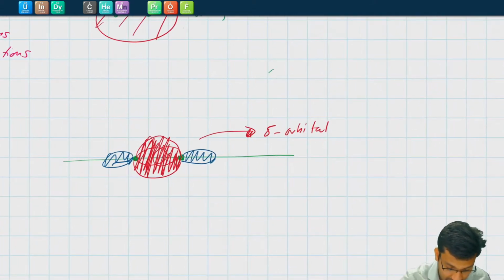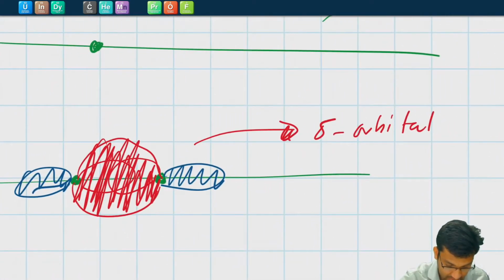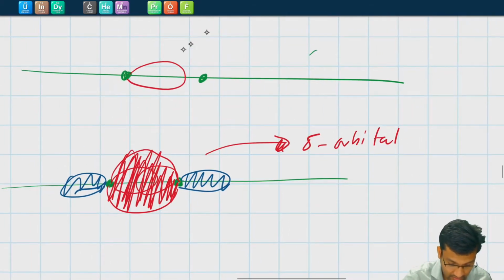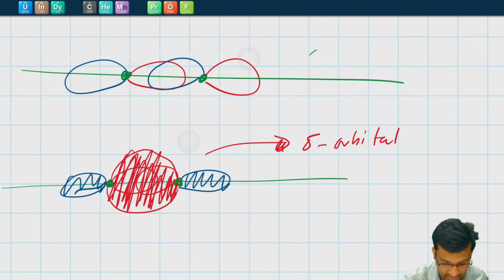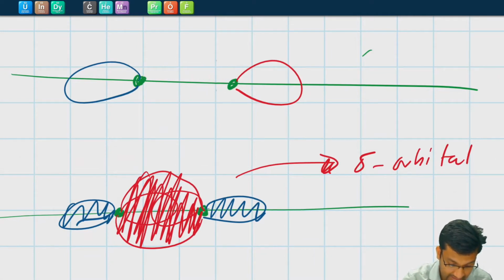But let's look at the other case, the opposite case, if you will. We have a nucleus here, a nucleus here. For one of the atoms, we have the positive part of the px orbital inside and the negative part outside. But the second atom, we have the negative part there and the positive part there, just to give you an idea of what it might look like. So what would happen in this example? Well, as you would guess, the positive and negative parts where they meet in the middle will cancel each other out.